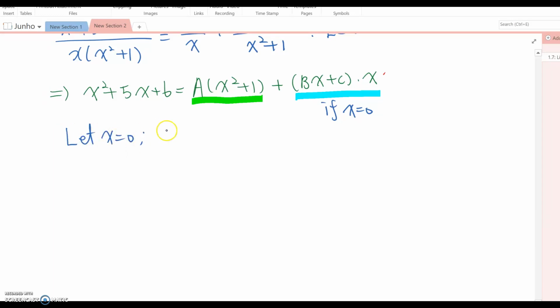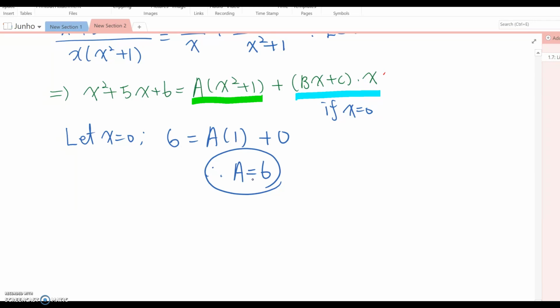Then this becomes 6 equal to A times 1 plus 0. Therefore, we found A equals 6. Since there's no other value we can input into this equation, I'm going to replace A with 6 here, then expand and combine like terms.